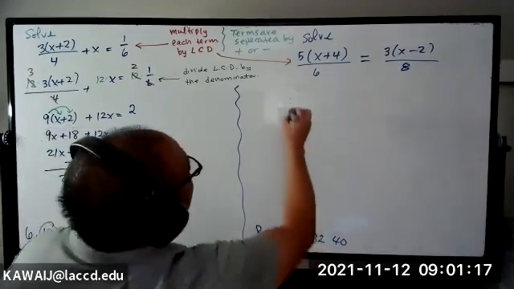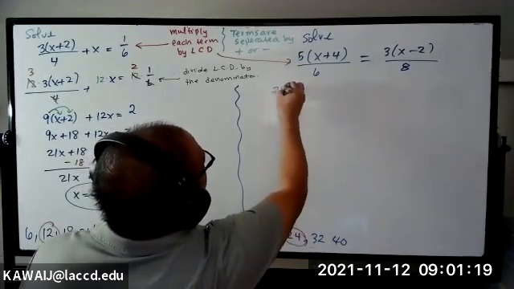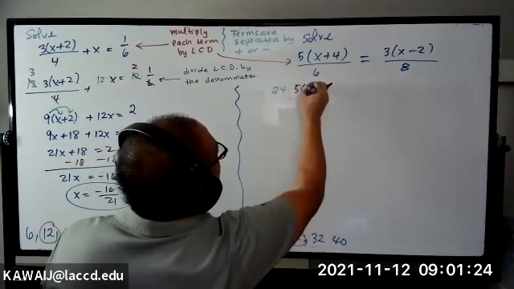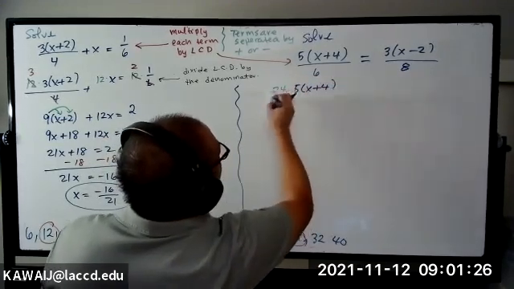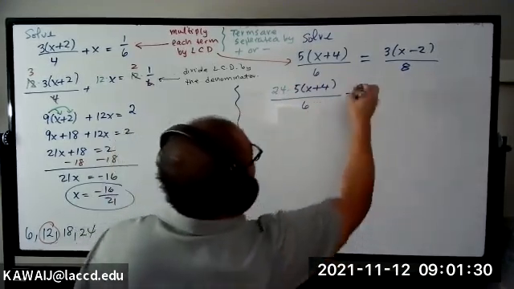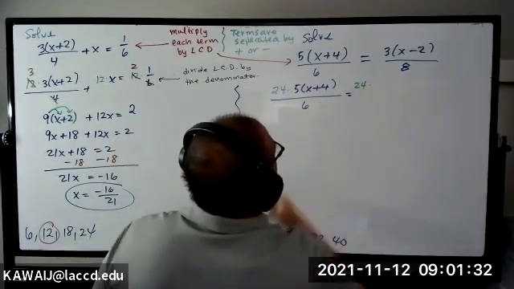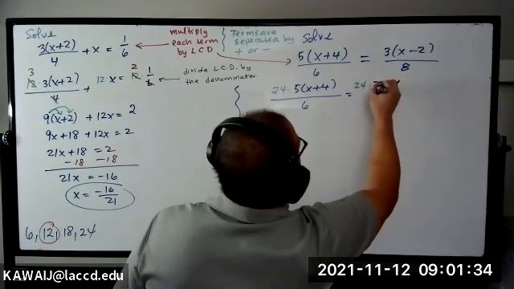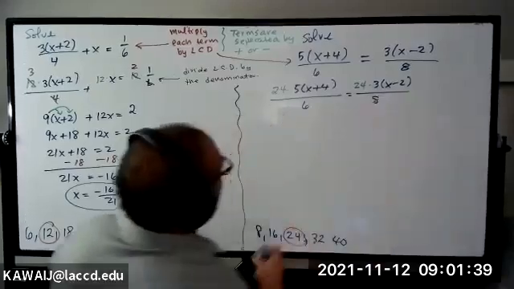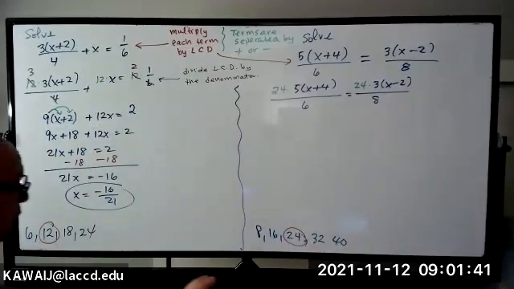So we'll go 24 times 5, 24 times 4. And now we want to do divisions.